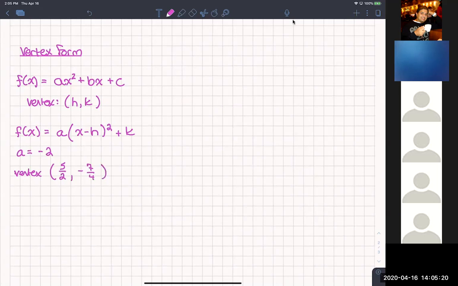So if we plug it in, the vertex form is negative 2 times (x minus 5 halves) squared plus negative 7/4, which is minus 7/4. So that's the vertex form of this equation, all right?